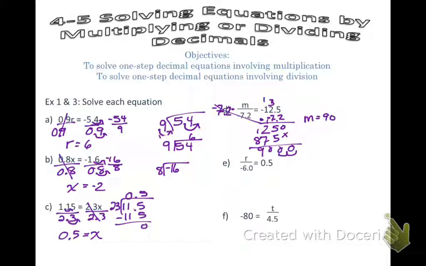All right. E. Negative 6.0 is dividing by r. Not by r, but r is divided by negative 6.0. So I'm going to multiply by negative 6. I can just make it negative 6. That's not a problem, because there's no 10th space really.